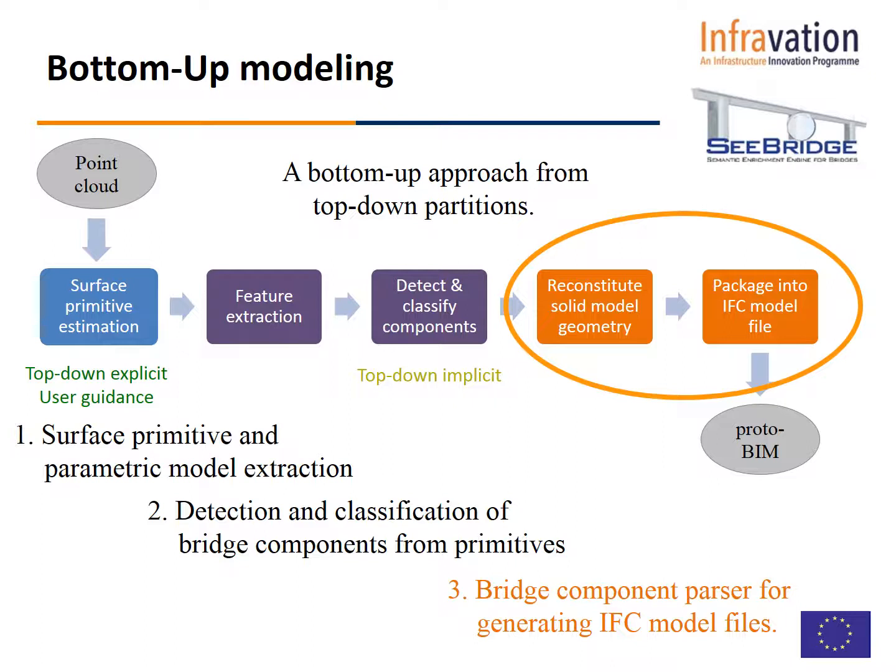And so we can take that and say, oh, these are connected. They're all the same type. So therefore they must be merged to create a single solid model component. That's what happens in the reconstitute solid model geometry. Once we've recovered it, we now have a parametric model that can then be put into the IFC.